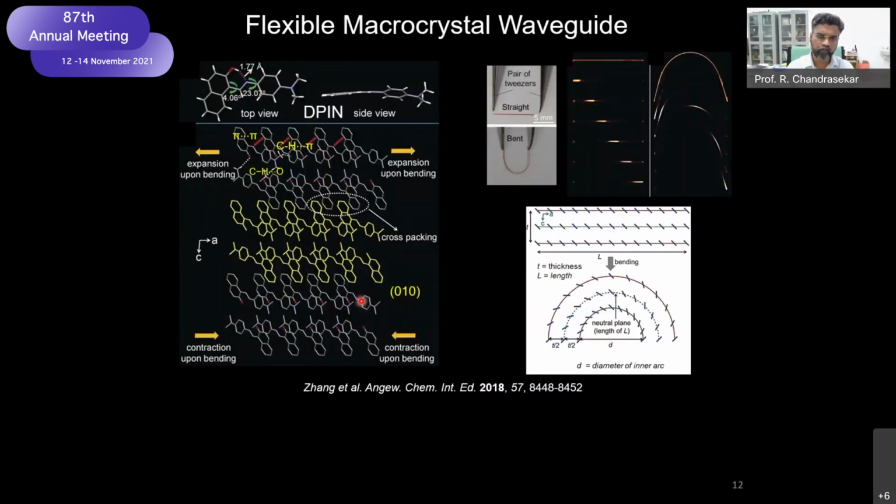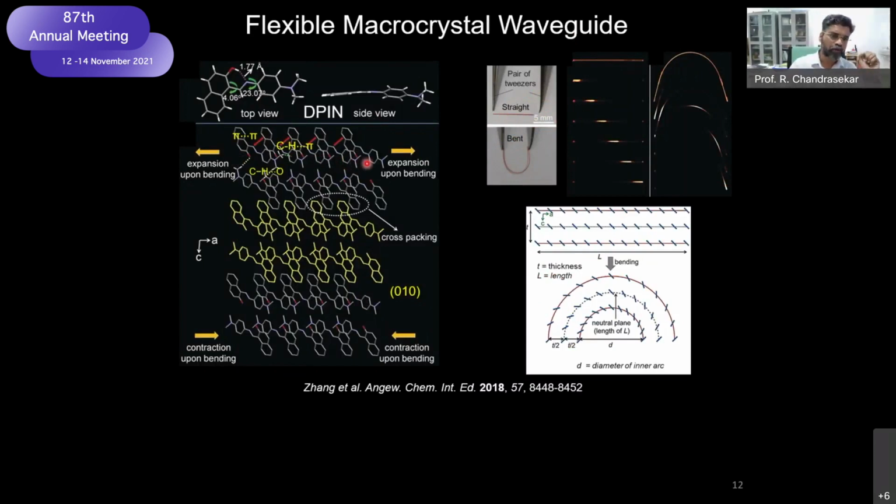If you look at the flexible macrocrystal waveguide, I'm saying macrocrystal just because the scale is 5 millimeters here; it's a roughly 15 millimeter long crystal and quite flexible when you use a pair of tweezers to bend a straight crystal. What is the reason this crystal takes this kind of stress and bends?